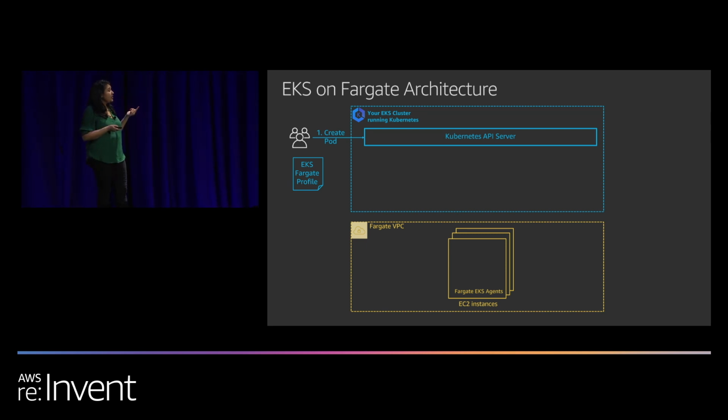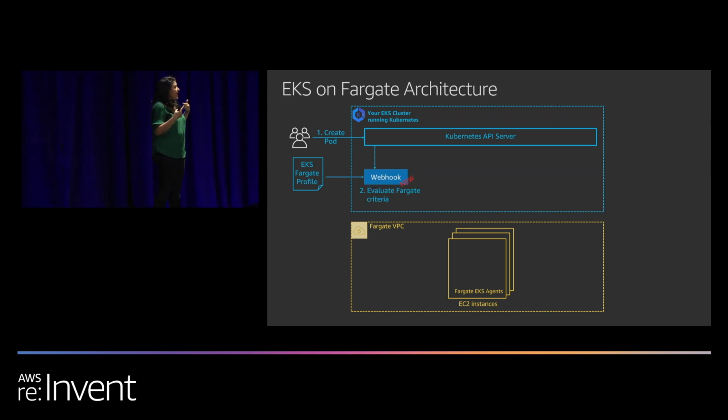And so what we do is we look at all the profiles that you've registered with EKS, and we look at your incoming pod spec, and if your pod is being launched in a namespace and has the labels that match a Fargate profile, then it gets routed to Fargate. Otherwise, it goes to EC2 instances in your account.